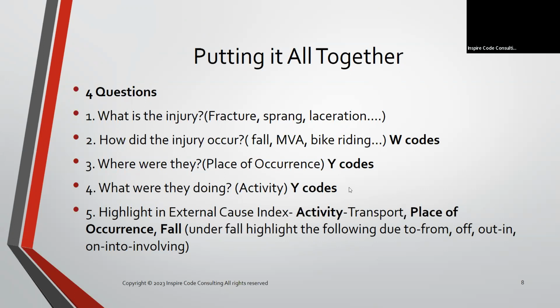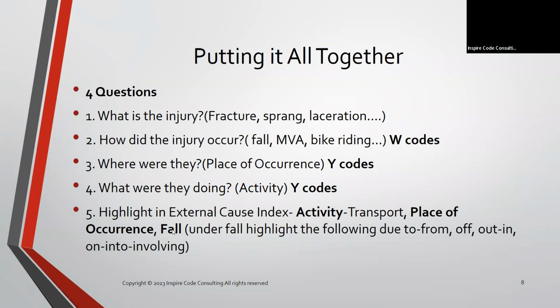So here's another tip. When you are in your ICD-10-CM coding book, in the external cause index area, you want to highlight what I have in bold: activity. This also means transport, okay? And you want to highlight place of occurrence.